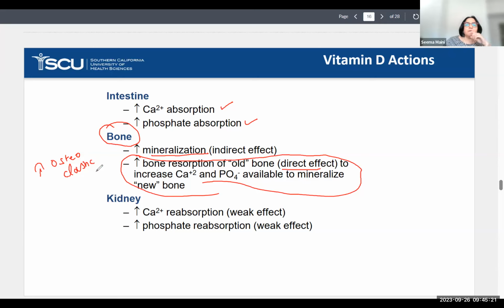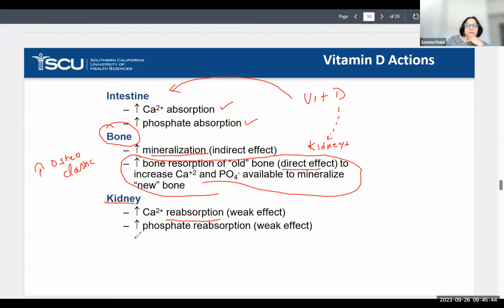That is why vitamin D deficiency affects bone health. On kidneys, it increases calcium reabsorption. If you look at vitamin D, it has more effect on intestines and a very weak effect on kidneys.